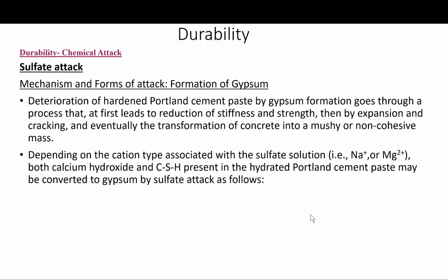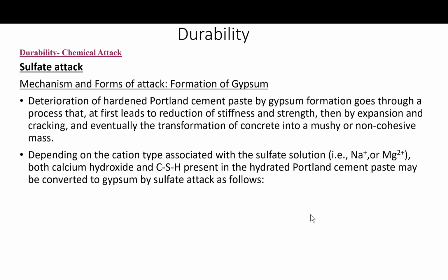However, it has been observed that deterioration of hardened Portland cement paste by gypsum formation goes through a process that first leads to reduction of the pH of the system and loss in stiffness and strength, followed by expansion and cracking, and eventually transformation of the concrete into a mushy, non-cohesive mass.